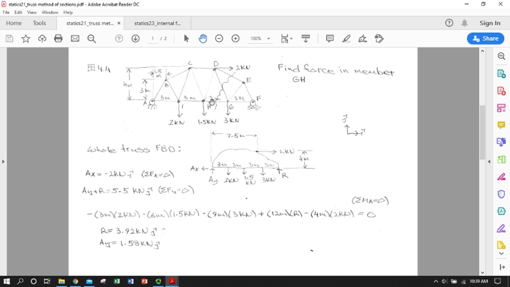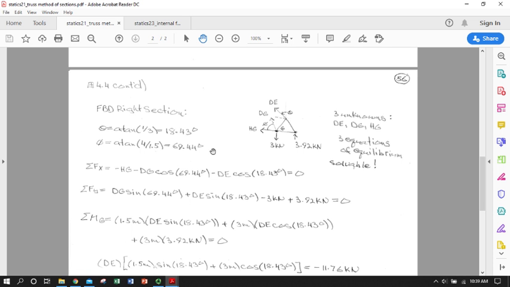And anytime I have cut a member, I no longer have a member, but I have a force that is being directed along the member orientation and in the direction that it would be, which we may or may not know. So we can make some guesses though. So here is an FBD of the right-hand section.